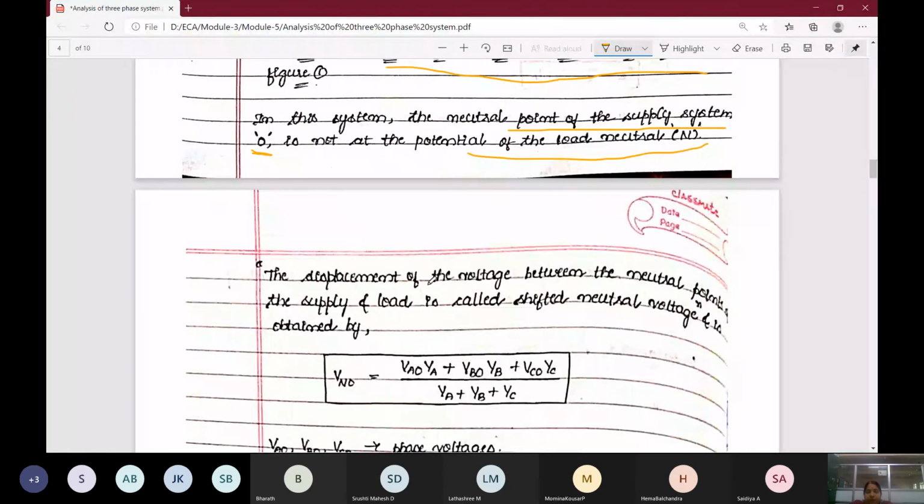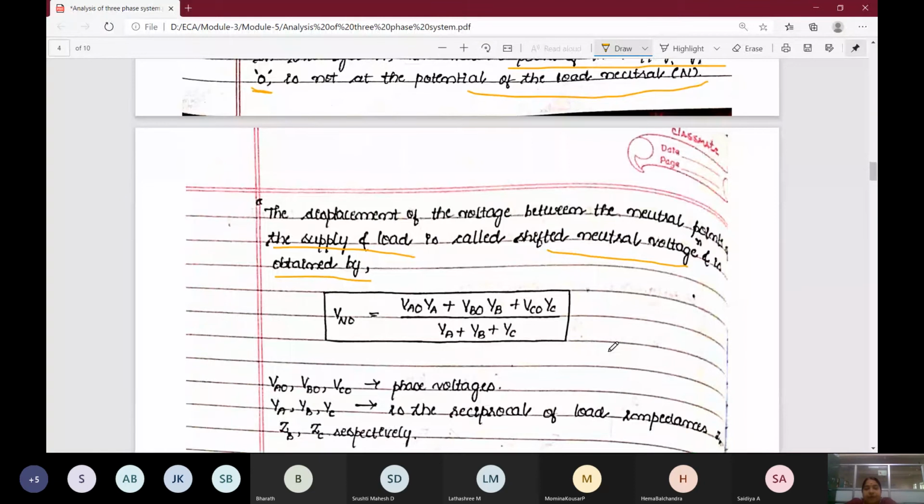The displacement of the voltage between the neutral points, that is between the supply and load, is called the shifted neutral voltage, and it is obtained by VNO, the voltage between the neutral point of the supply and neutral point of the load, using the formula of Millman's theorem.